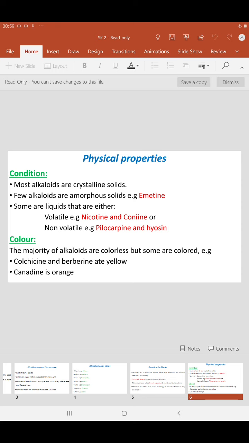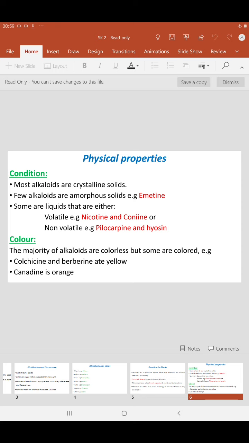Both alkaloid bases and the salts are soluble in alcohol. Generally, the bases are soluble in organic solvents and insoluble in water. Salts are usually soluble in water and insoluble or sparingly soluble in organic solvents.